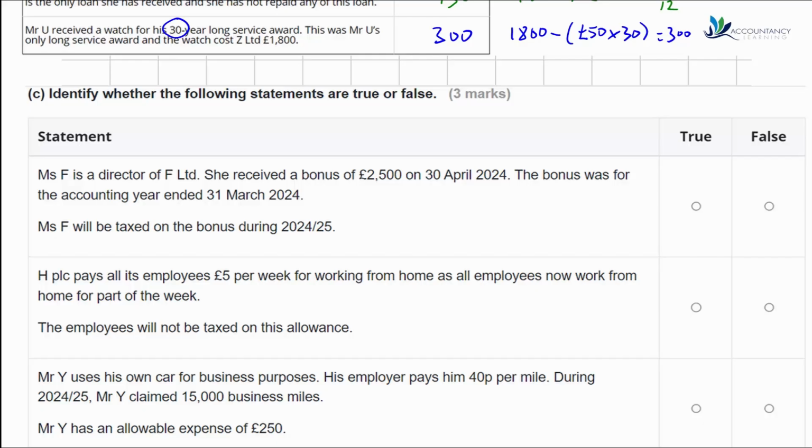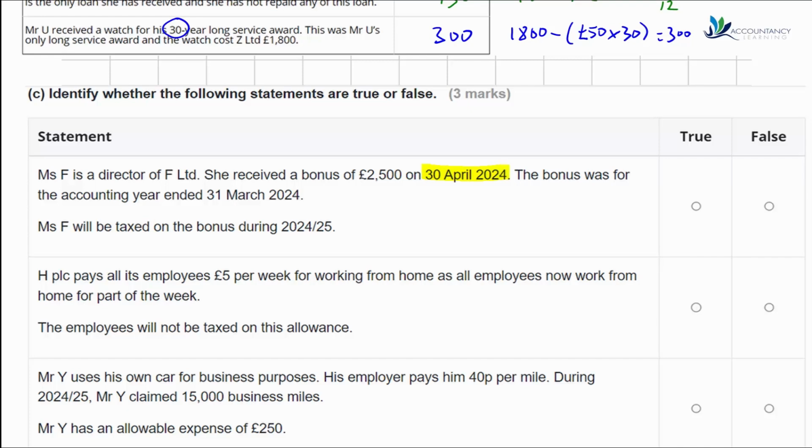Now, ordinarily, income would be taxed on a receipts basis. So because she received the bonus on the 30th of April 2024, which is in the 24-25 tax year, it would be taxed then.